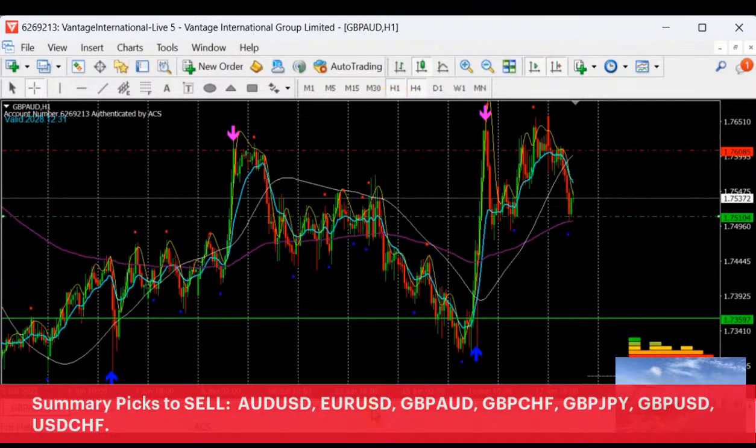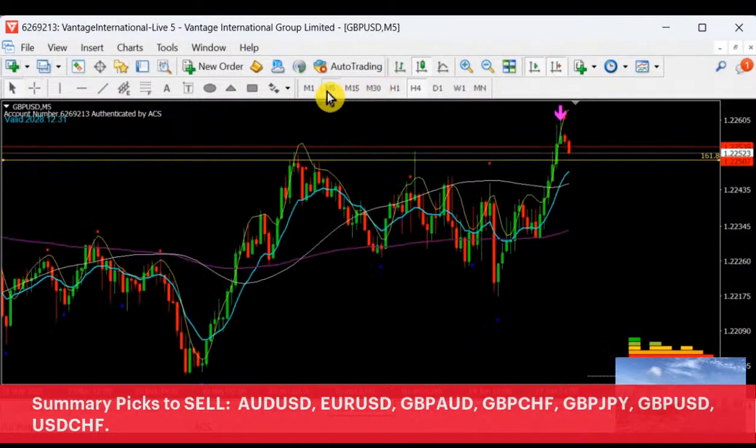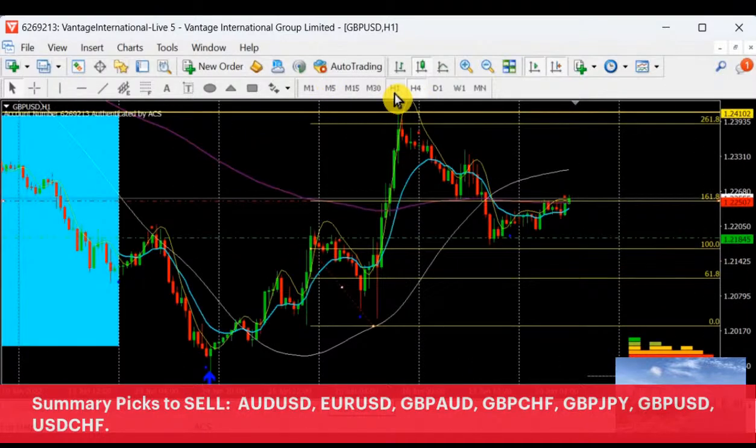What about pound dollar? Pound dollar is coming back to retest the previous resistance as a support.